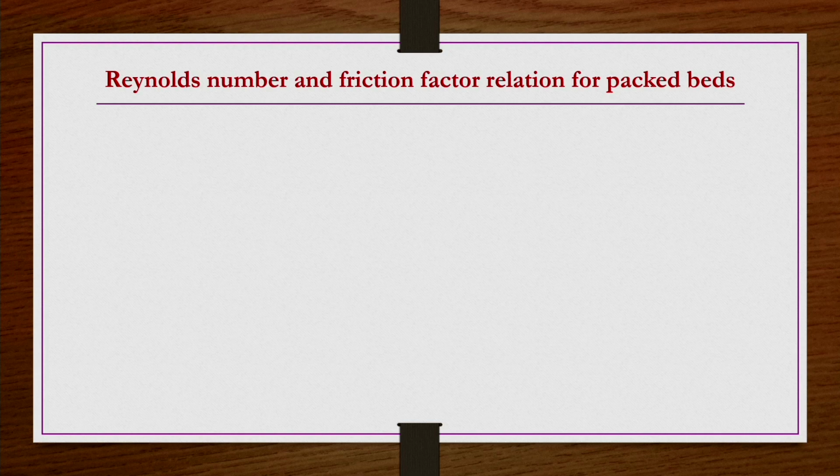For a single particle, we know the Reynolds number is dP V bar rho by mu, but if you have a packed bed with different types of particles, then what is the Reynolds number? Is it the same one or a different one? That we define. Similarly, for the friction factor for flow through an empty column, we know that tau W by rho V square, that we know.